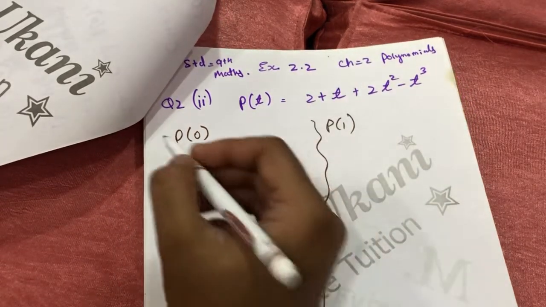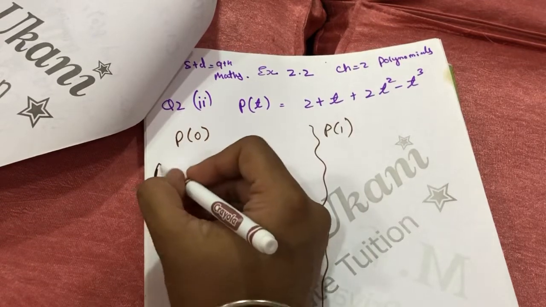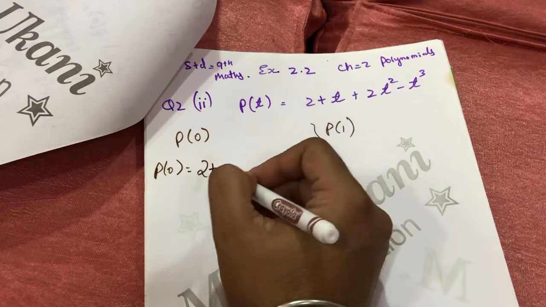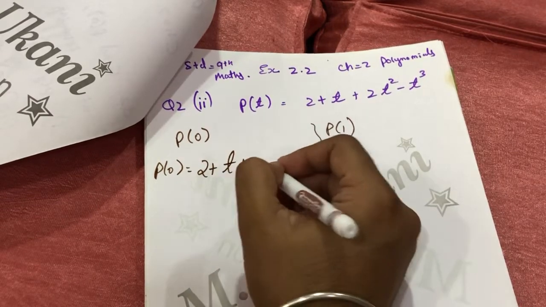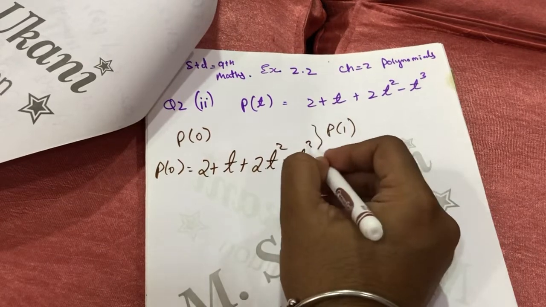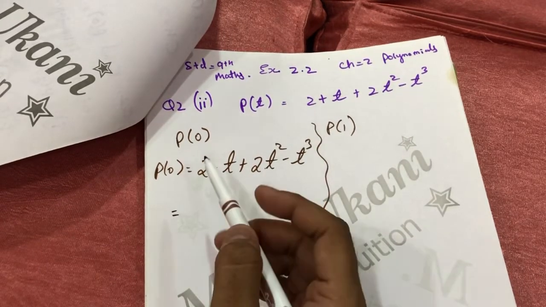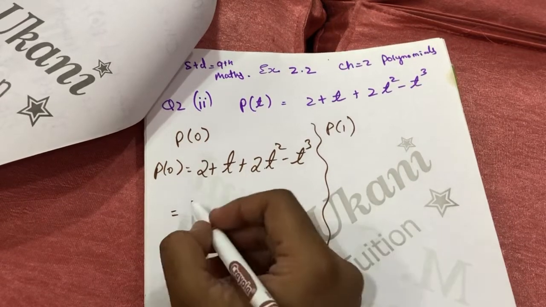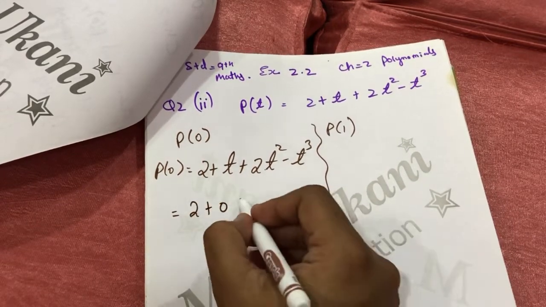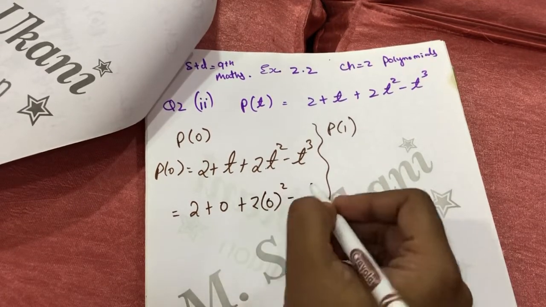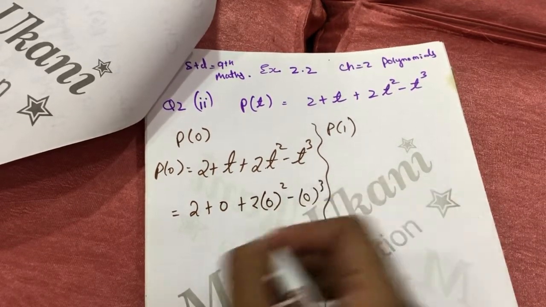So let us write the equation first. p(0) equals 2 plus t plus 2t square minus t cube. First of all we are putting 0 in place of t. So 2 plus 0 plus 2 multiplied by 0 square minus 0 whole cube.